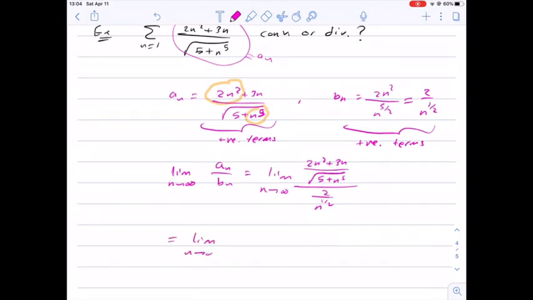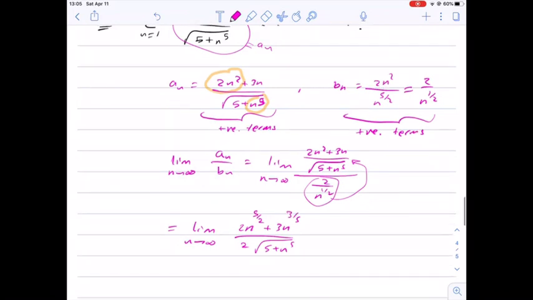Then we simplify this limit. We flip the denominator and multiply, and we get 2n to 5/2 plus 3n to 3/2 over 2 square root 5 plus n to the fifth, by multiplying by the reciprocal of the denominator.